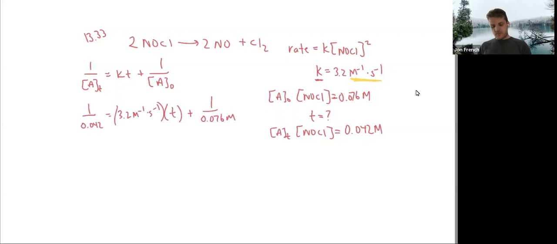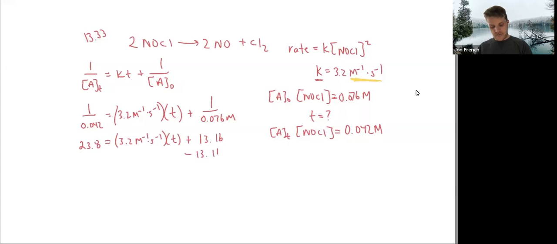So divide those, 1 divided by 0.042, I get 23.8 equals 3.2 t plus 1 divided by 0.076, which is 13.16.